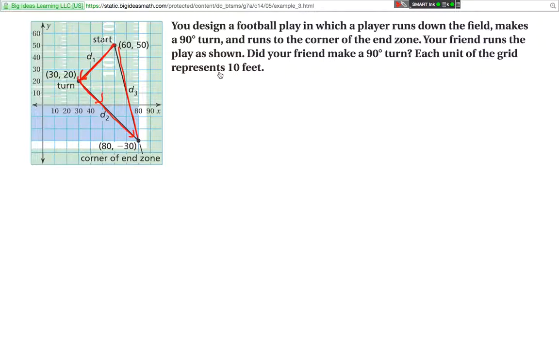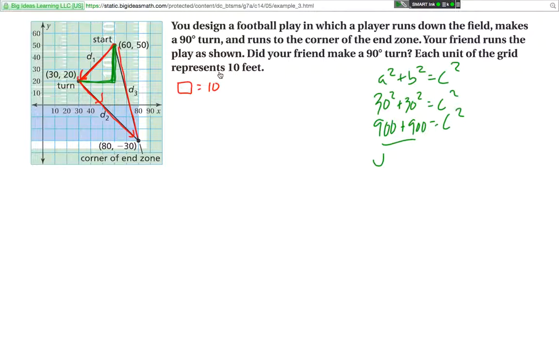They said each box is worth 10, each side is 10. So let's do your buddy's route, the first piece. That's a 30 by 30 triangle. So a squared plus b squared equals c squared, so it'd be 30 times 30. 30 times 30 is 900, plus 900 is 1800 for c squared.